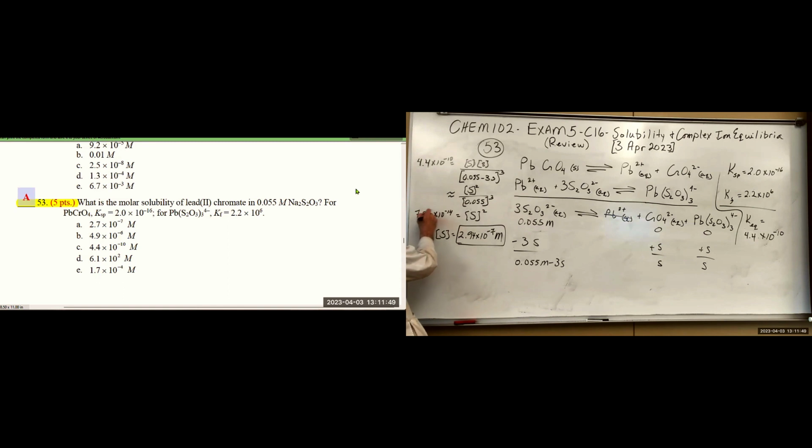Okay, so that one is right, and I was wrong. Square root, 2.7. There you go. 2.7 times 10 to the minus 7. This is the correct answer.